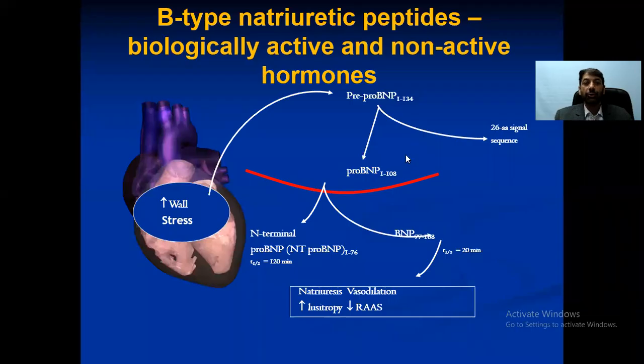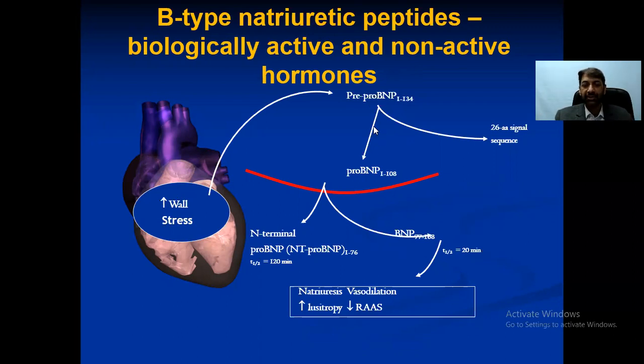Now, if you just look at how it is released, what is pre-proBNP, what is proBNP, and what is BNP, and what is NT-ProBNP, this slide will clarify these concepts. Whenever you have a stretch to your myocardium, you are going to have the release of this pre-proBNP, which is actually a combination of different amino acids.